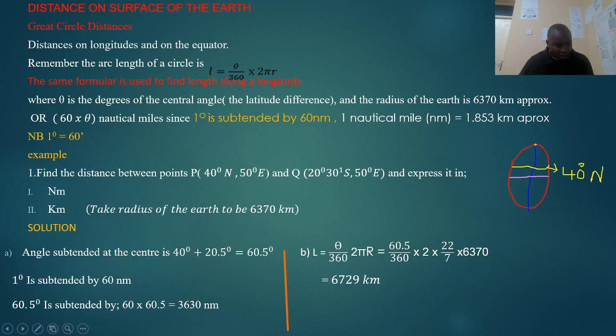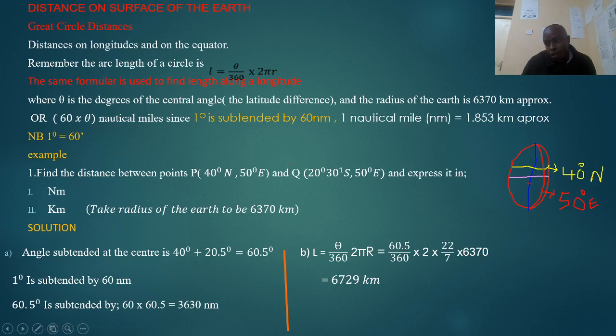We can have a point of 50 degrees towards the east, we can have it here, and we name it 50 degrees east.